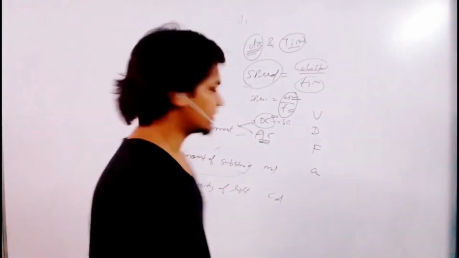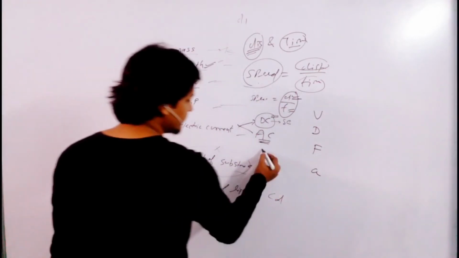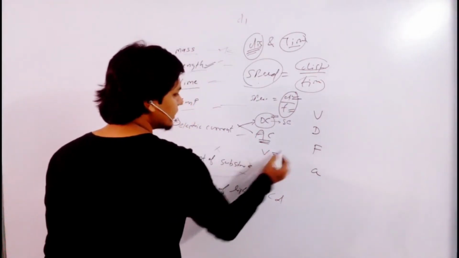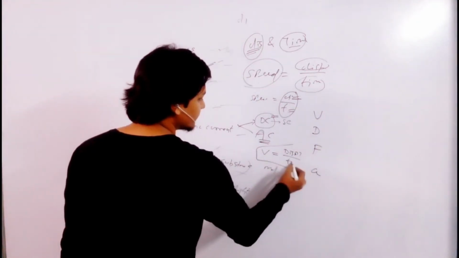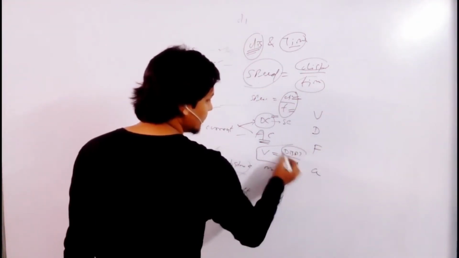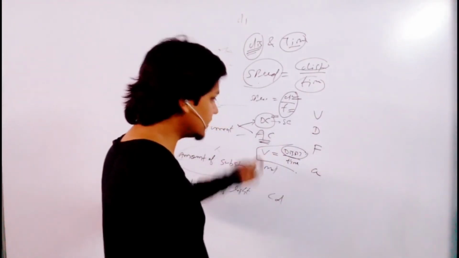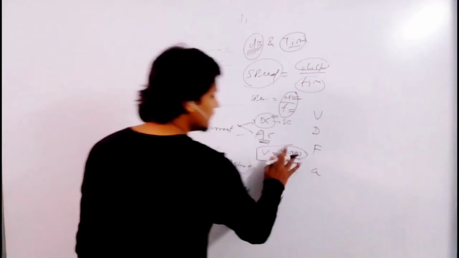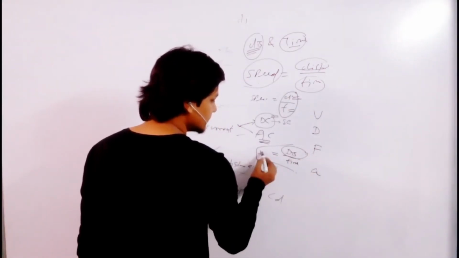But what about vector quantities? Suppose I have a vector quantity, take an example of velocity. Velocity is a vector because it has displacement by time in the formula. Displacement is a vector quantity, so because of displacement, velocity is a vector quantity. If you change displacement to distance, then velocity becomes speed.